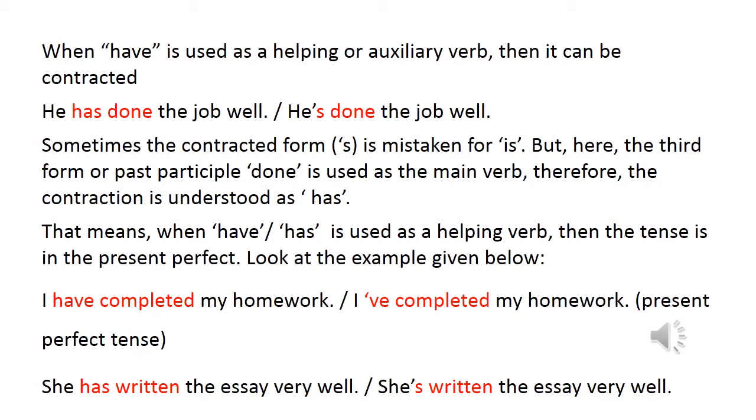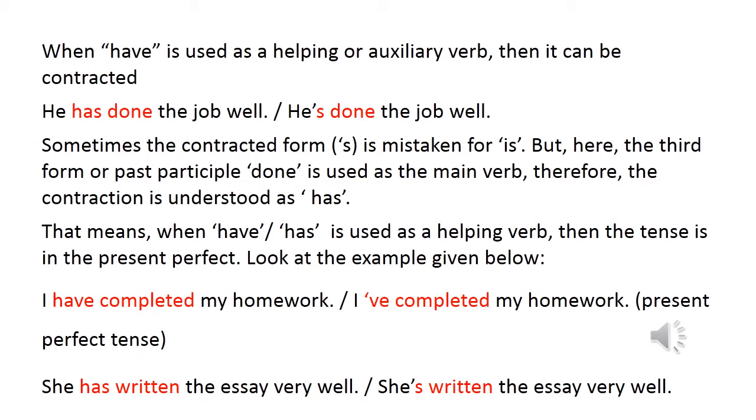Now this is the type of speaking that we find with native speakers, and that's the reason why maybe sometimes we get confused. But we need to know the past participle. That means we should be able to identify which verb is the past participle, and then we can immediately know whether the apostrophe S is is or has.